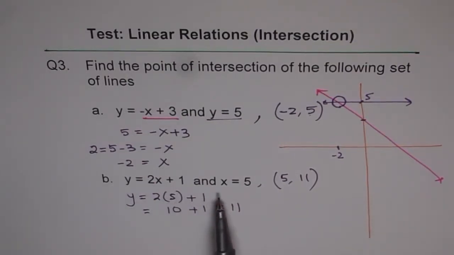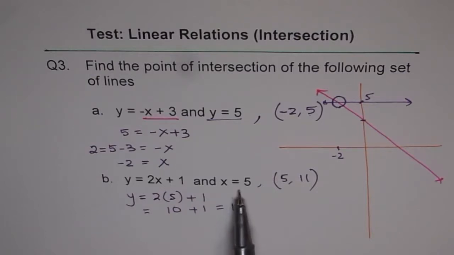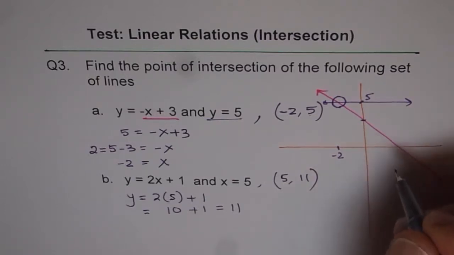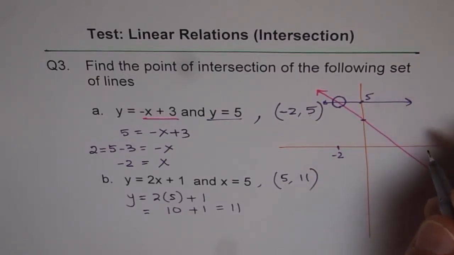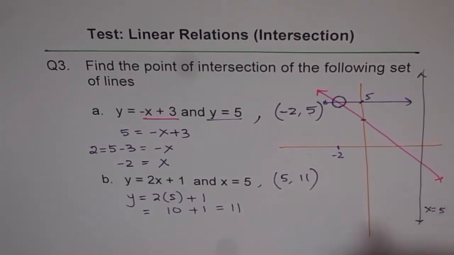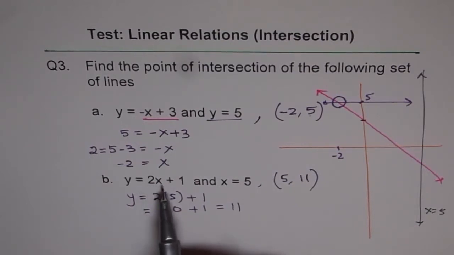Similarly, sketch this. X equals to 5 is what? X equals to 5 is always a vertical line. So sketch a vertical line at 5. So let us say this is, we just draw a line here, right? And we say this is x equals to 5. And the other line is y equals to 2x plus 1.